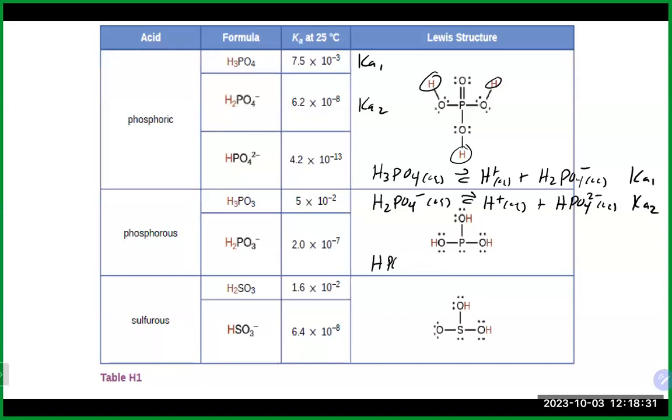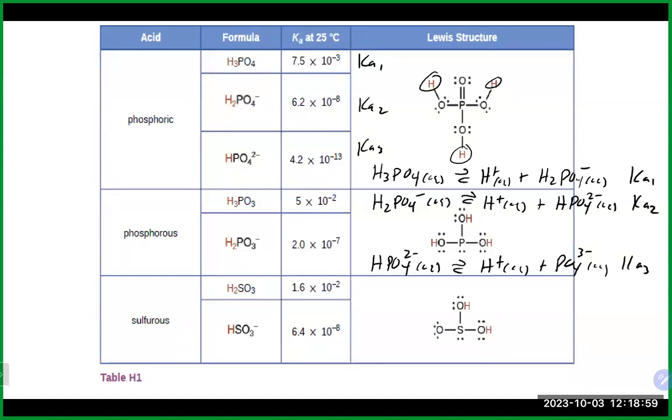The HPO4 2 minus will lose 1 more H plus and make PO4 3 minus, which would be the Ka3 value here. We'll talk a little bit more about this later in this chapter, but when we look at these numbers between the Ka1, Ka2, and Ka3, it tells us which one should be easier to take off and which one should be harder.